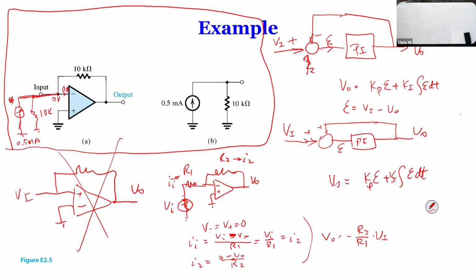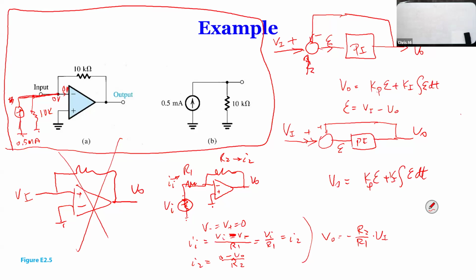So what happens to that 0.5 milliamps coming in? Would it be an equal split? Let's all think about it. Did I just say the voltage at the node is 0? What is the voltage at the negative terminal? 0.